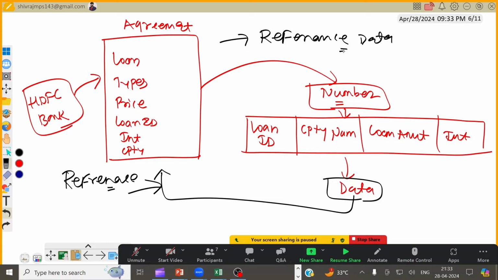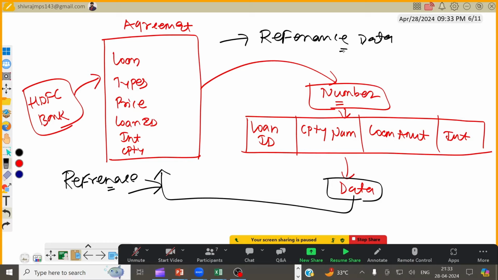So they convert their offer letters and everything into numbers, and in their system or SQL database, they track the numbers. When we get numbers, through their database they can easily track everything. So this is how reference data helps organizations to track their data.